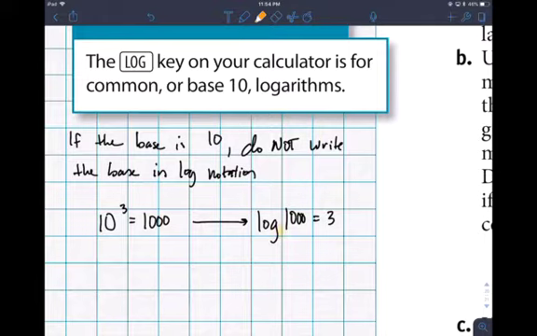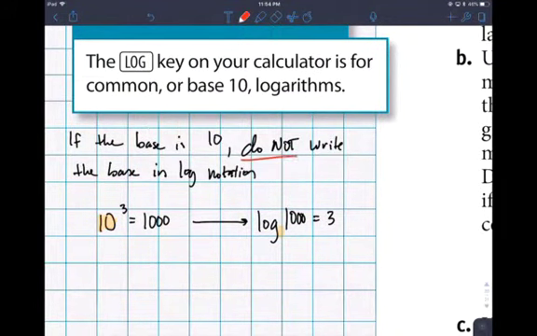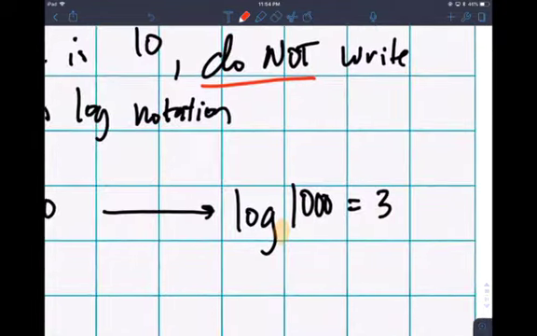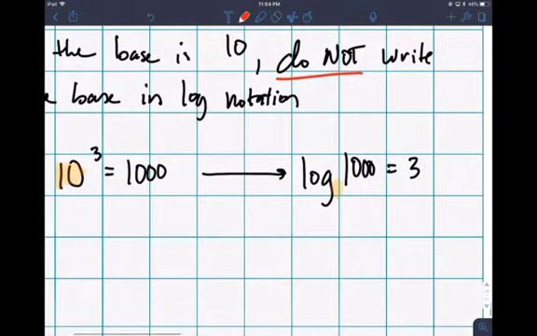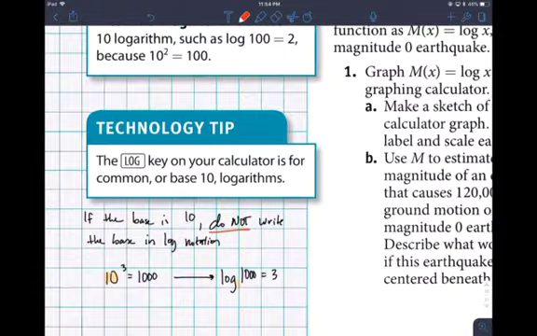Whenever the base is 10, we do not write the base in log notation. It's always understood that if you don't see a number for the base, it's always 10. Sometimes you see in the calculator just the log button. The log button means that the base is 10. Then you see another feature where you can put a different base. So something to keep in mind.